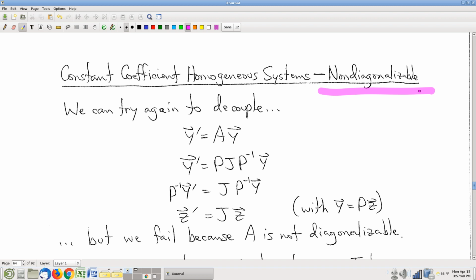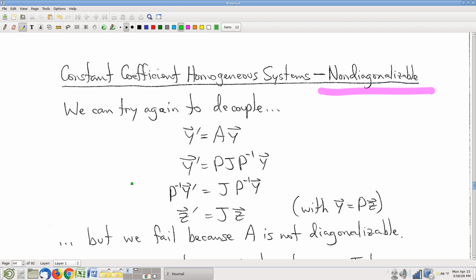And here's an example of our disappointment. Let's take our failed attempt to diagonalize. Remember, when you can't diagonalize, all you can do is Jordanize. So I can rewrite A as being conjugate to a Jordan matrix. And I can play this same move of let's take this P and move it over to the other side as P inverse, just like we did in the diagonalizable case.